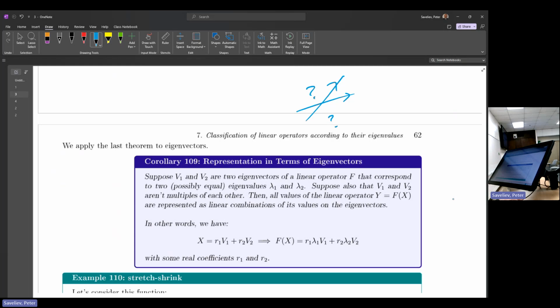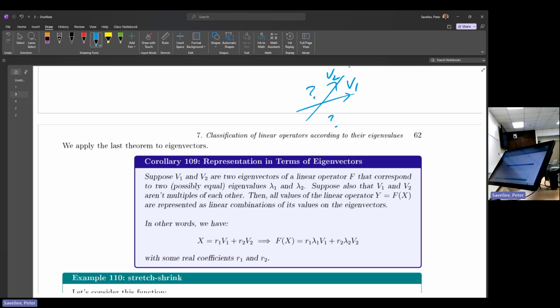If these are my vectors v1, v2, every other vector is expressed as a linear combination of these. So we can also find the representation for wherever the vectors go. So here it is.